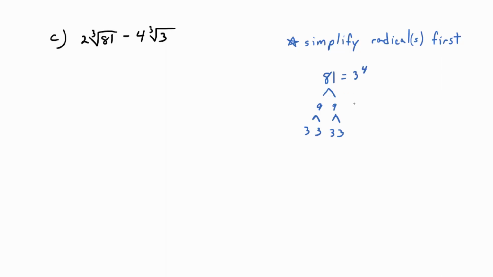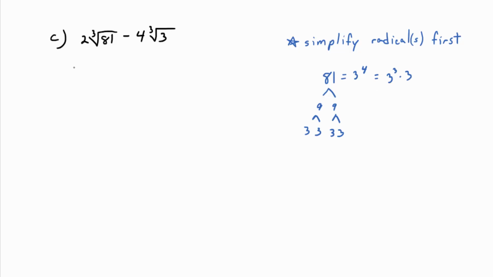3 to the 4th. We're simplifying the radical like we did yesterday. How do we want to break up 3 to the 4th? We're dealing with cubed roots, so we want to break it up into a factor that's a perfect cube and the non-perfect cube factor. How do we do that? You could write it as 3 to the 3rd times 3.